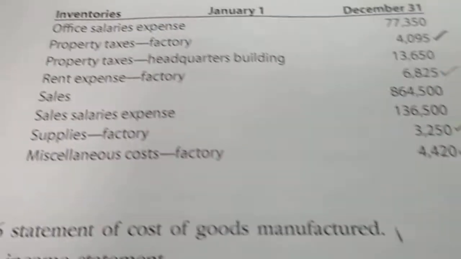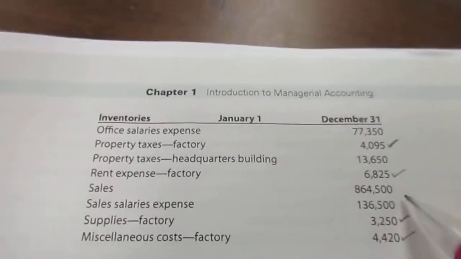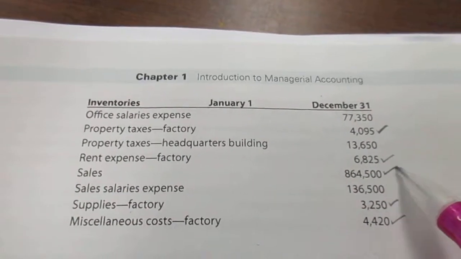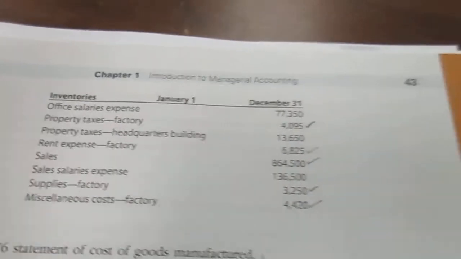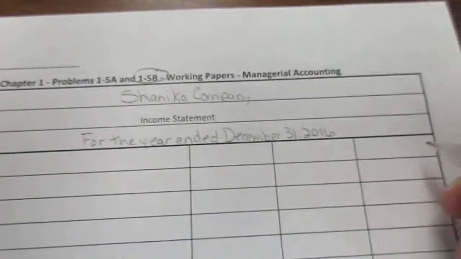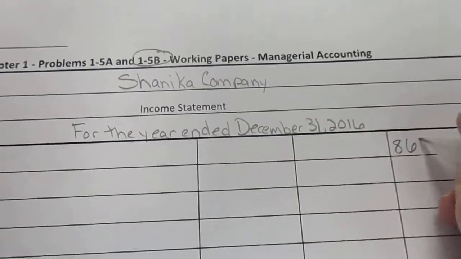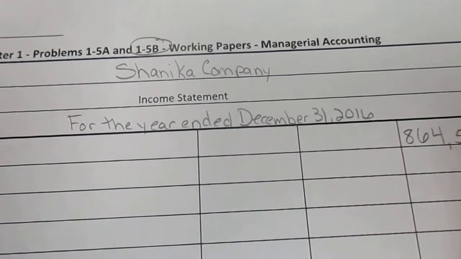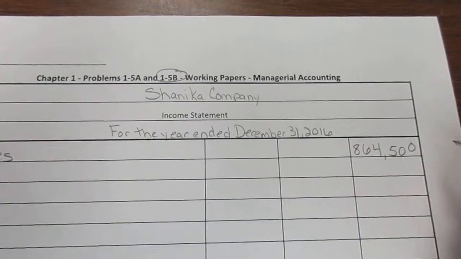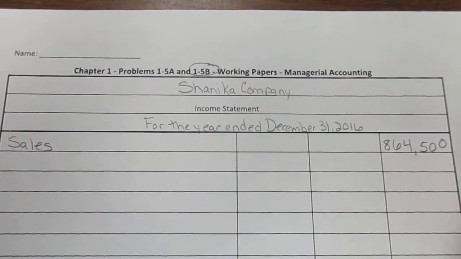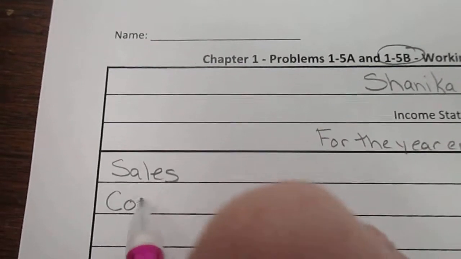So if we look in our textbook, it tells us that our sales were $864,500. That number is going to come all the way over here to the side. The next thing we're going to list is our cost of goods sold.